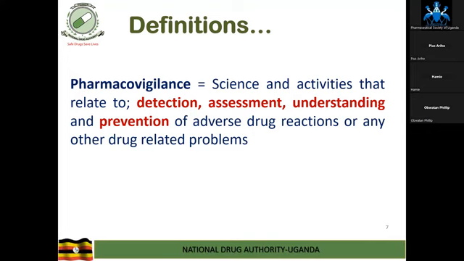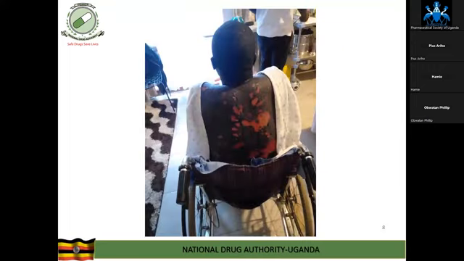So this is a picture of a reaction that happened to a patient here in Uganda, and what could have caused this? This is a patient who is probably sick of a disease, who's probably taking very many drugs, who's probably on bed rest. Is it the drug?